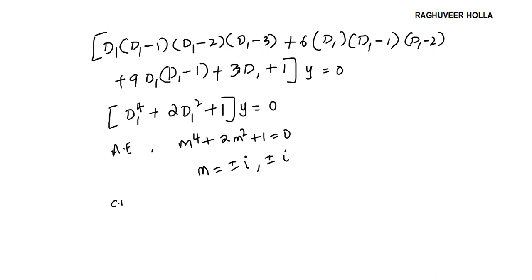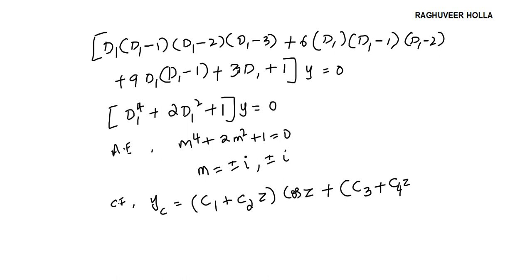So yc is equal to c1 plus c2 z, cos z, plus c3 plus c4 z, since there are 4 roots, so 4 constants, and sine z.